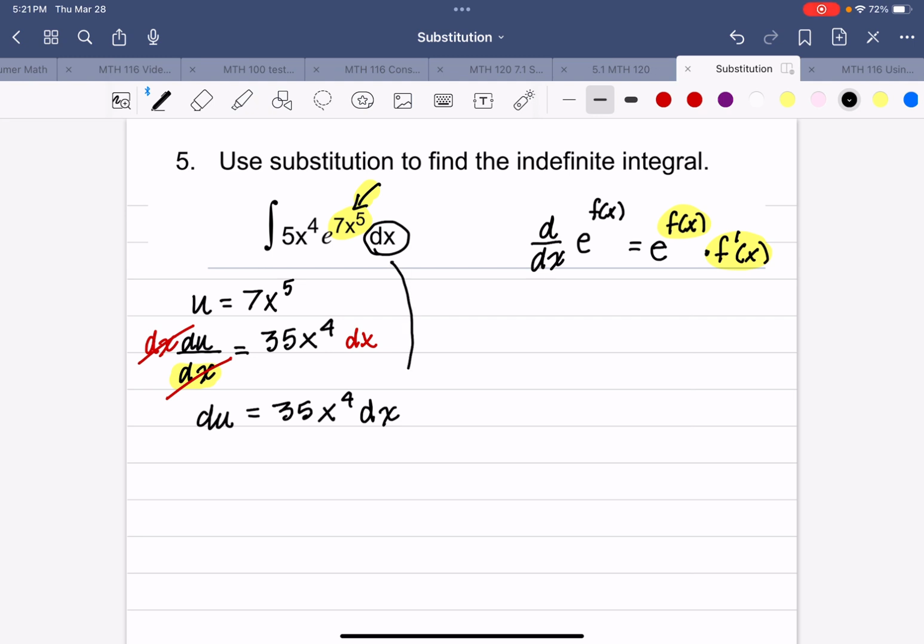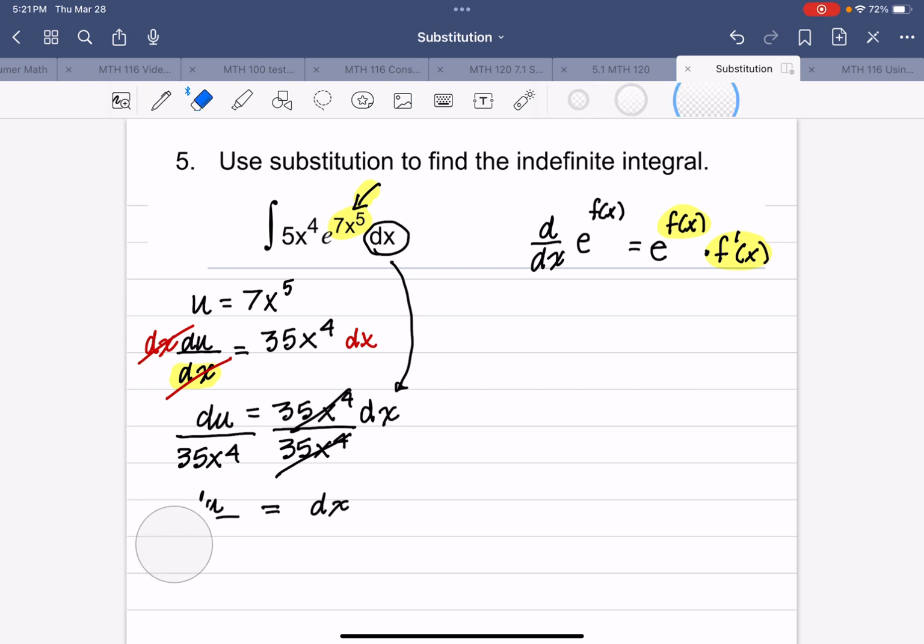And remember, I want to get an expression just for dx, so I'm going to divide by 35x to the 4th on both sides. That isolates the dx on the right, and I can substitute in for that du over 35x to the 4th.